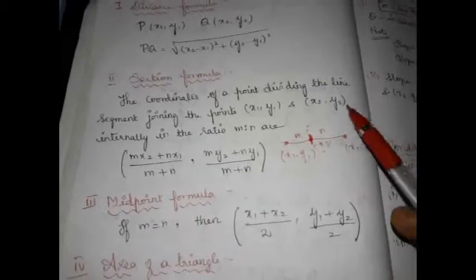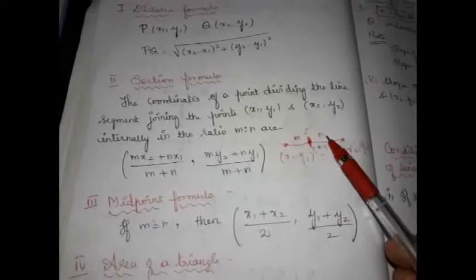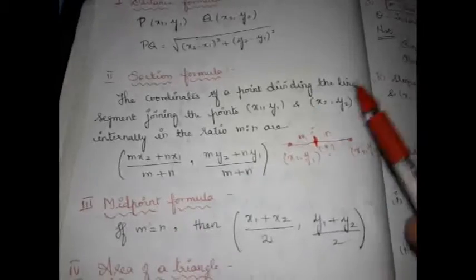Next is the midpoint formula. If we want to divide the segment into 2 equal halves, that is, if m equals n, then what happens?